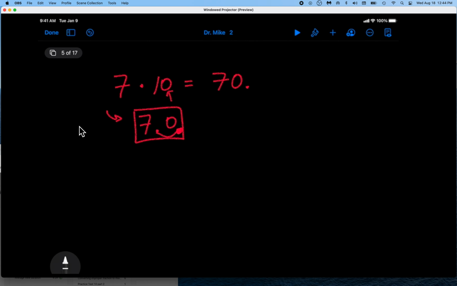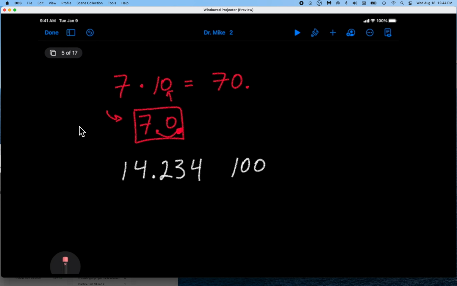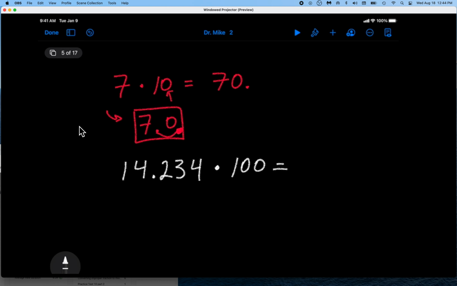What is, again, I don't like that X. I don't know why I keep doing it. Okay, here's our number in the box.